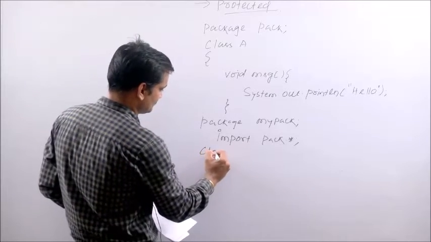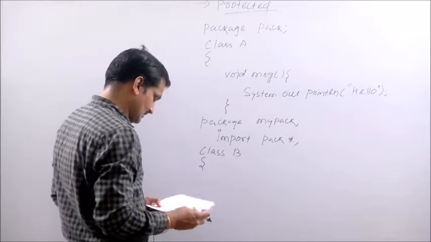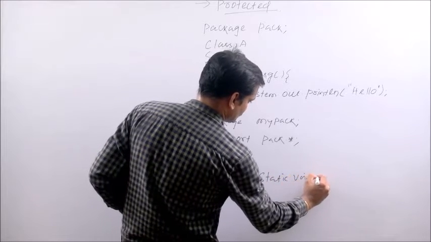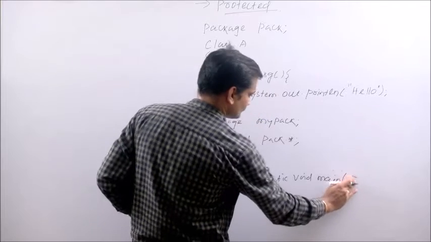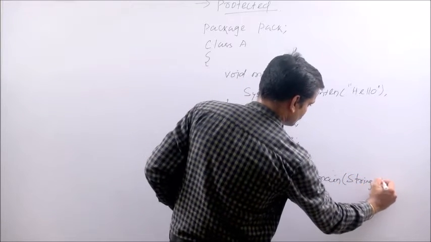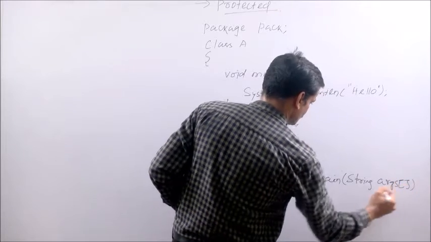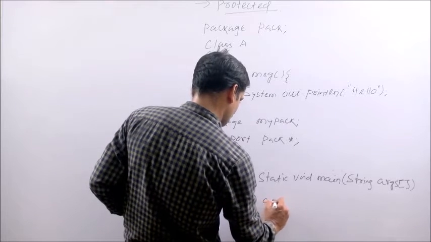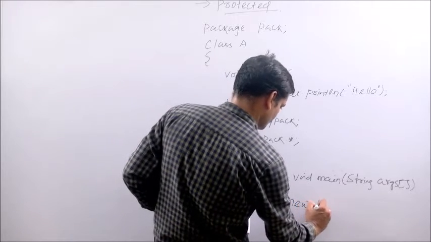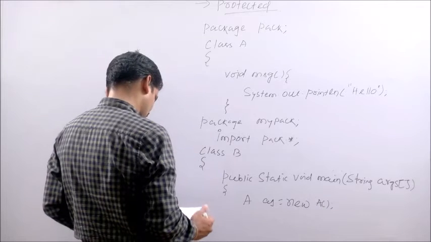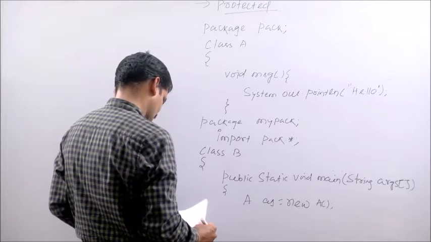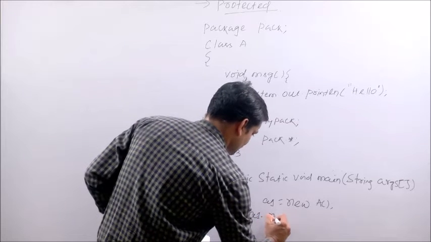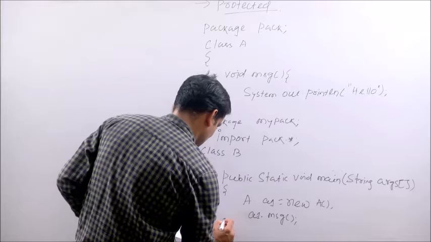And now here we define a class B, and in this class we are going to create one object, suppose A1, and using A1 we are going to access MSG, the method that is defined in the package.